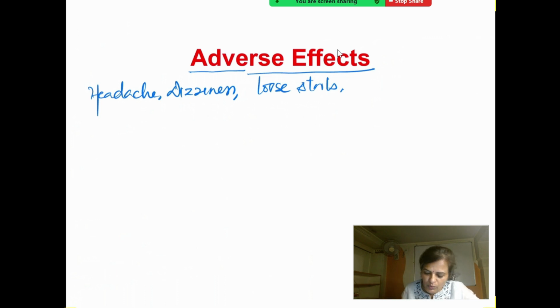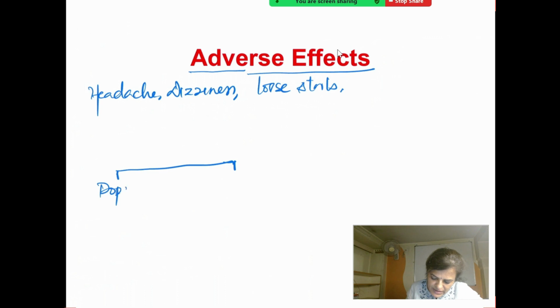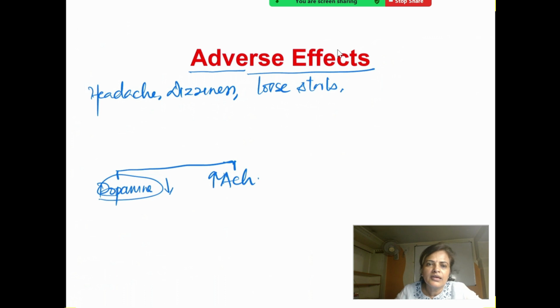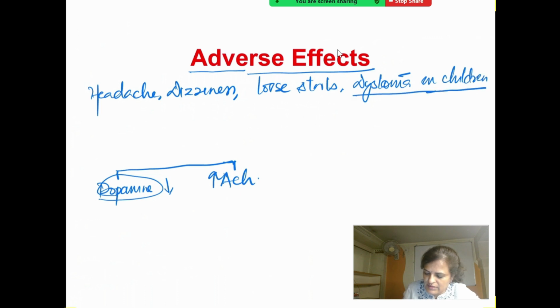In the brain, we know there is a balance between dopamine and ACh. Now if dopamine is decreased, ACh will increase. So extrapyramidal side effects can be seen, but the dose which we give as an antiemetic is not that much. It is not going to produce much extrapyramidal side effect except dystonia in children. This is the side effect.